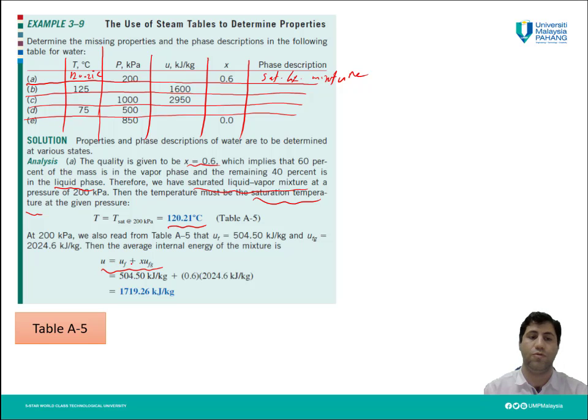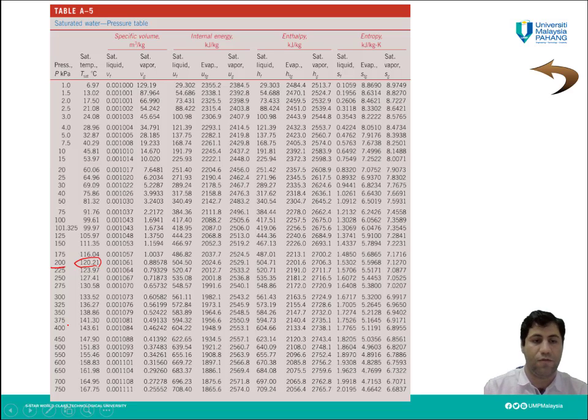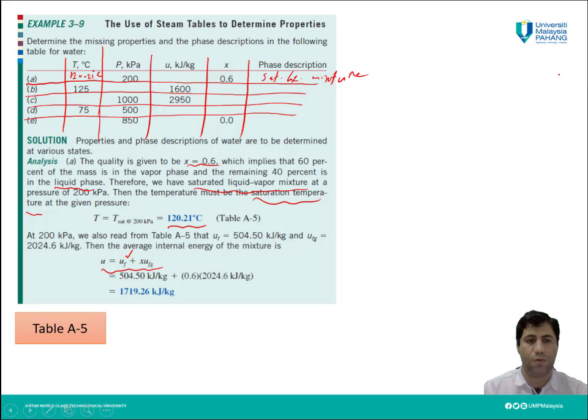U is equal to UF plus X UFG. UF also we can read from table A5 and also UFG. Let's go back to table A5. For this pressure which we have, we need to read UF and UFG. So let's go back to our equation.